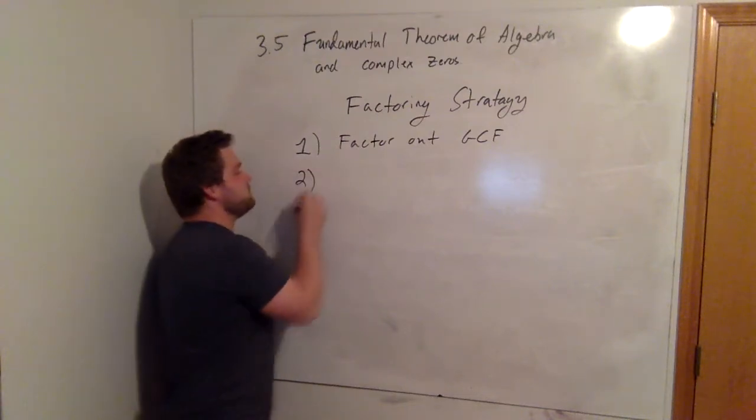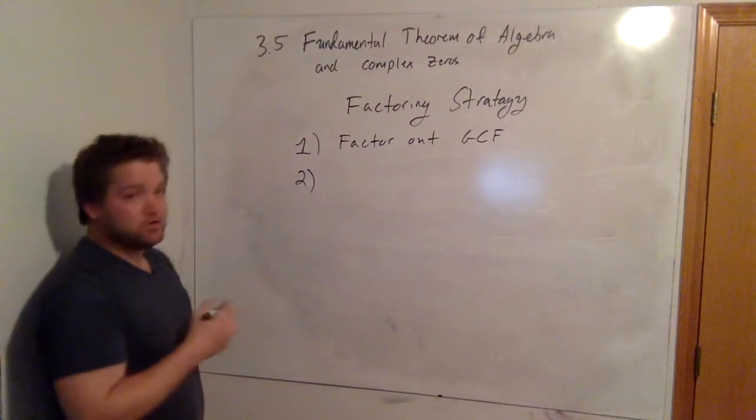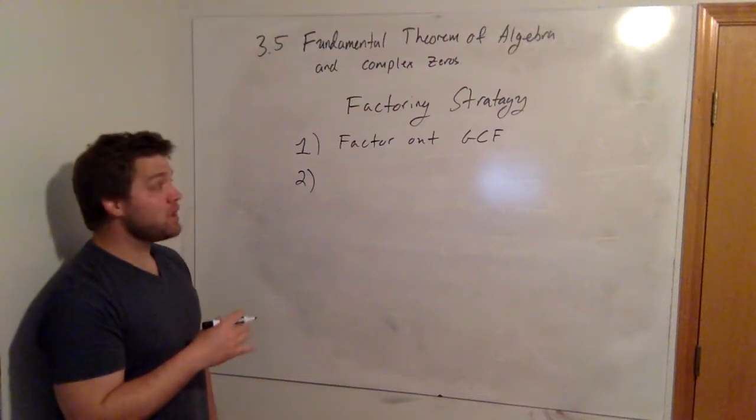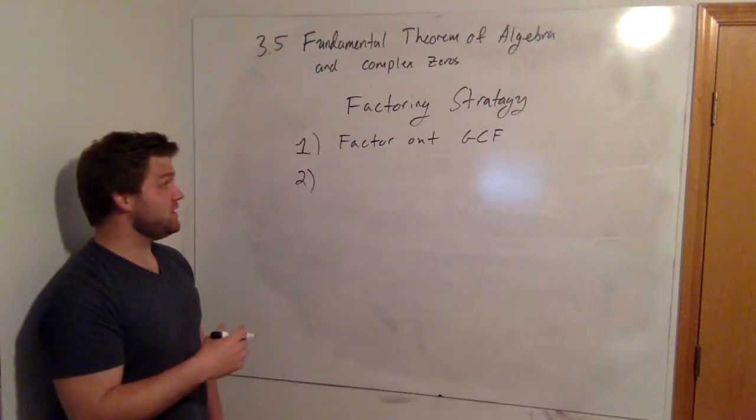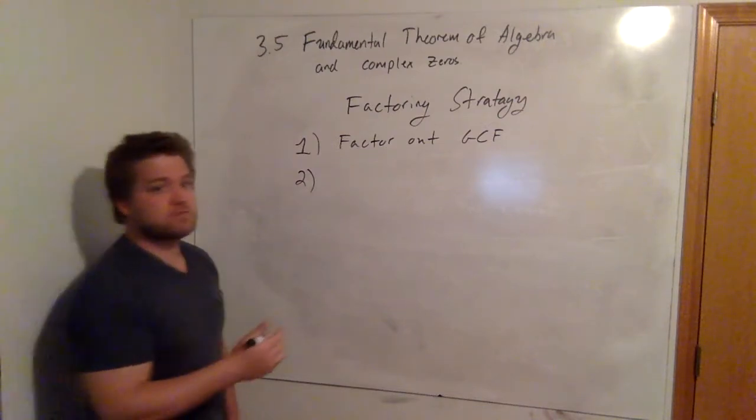The second thing I'm going to look for is to see if my polynomial has 4 terms. If my polynomial has 4 terms, something to try before synthetic division and the rational roots theorem is factoring by grouping.